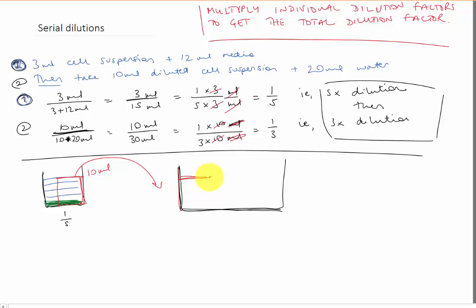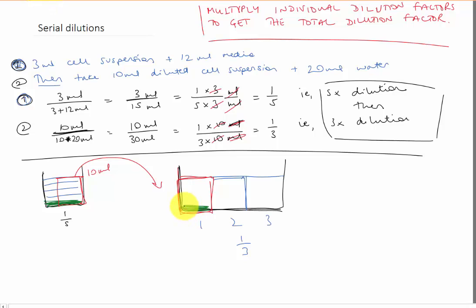So there's that same 10 mils with that same little bit of the cells in there, and then we dilute that threefold with water. So that's 1, 2, 3, 1/3.